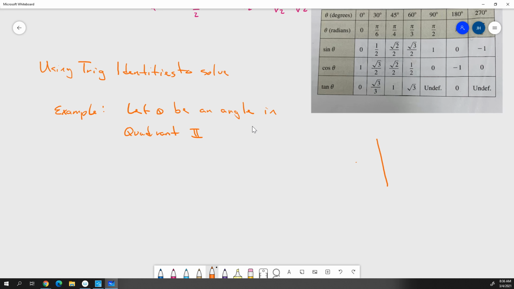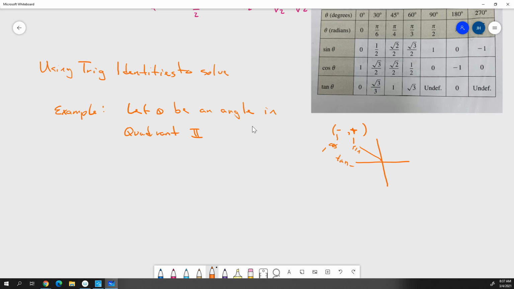If I have an angle here in quadrant 2, I know that my x values are going to be negative, my y values are going to be positive, right? So depending on what they're asking for, if I have cosine, it's going to be negative. If I have sine, it's going to be positive. Tangent would be negative, right?